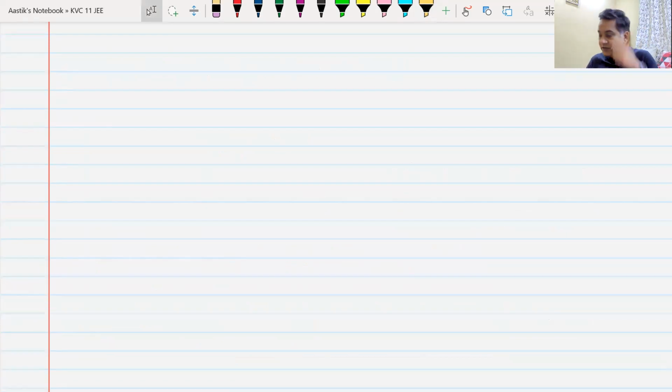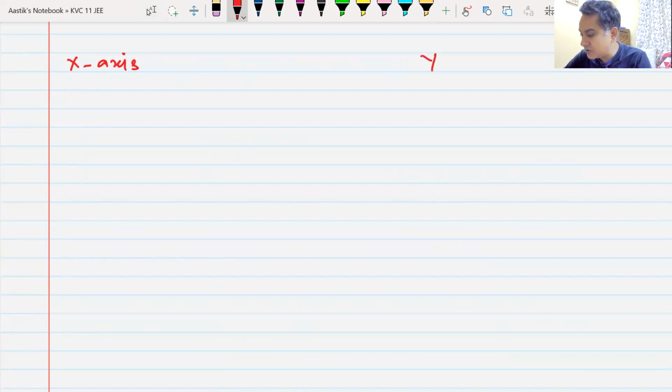Now let us write how we are going to solve this problem of projectile motion. We are going to write equations. We are going to write equations on the x-axis and on the y-axis. When we write equations on the x-axis, we are only concerned about the x-axis. So we draw the x-axis.